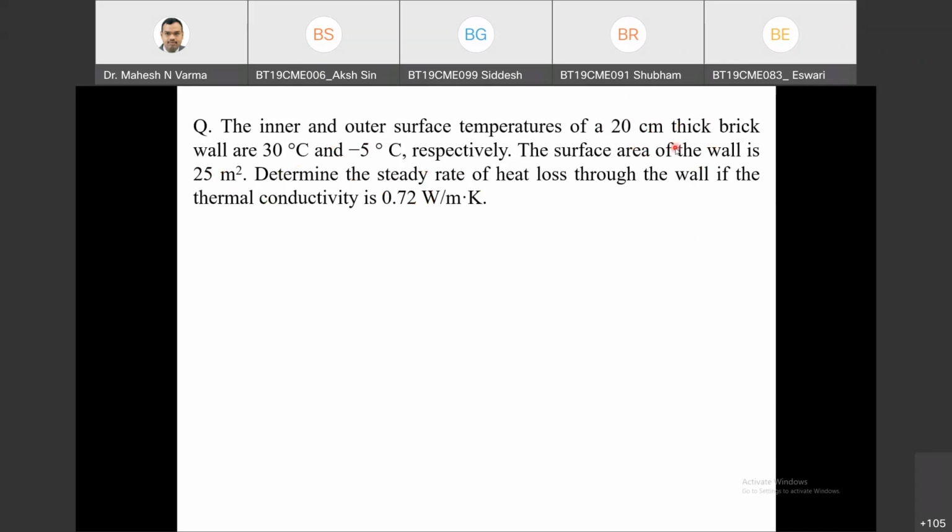So what is dT by dX here? Your roll number 68, Mitu. Yes, sir. What is dT by dX? Sir, first 30 degrees Celsius, then minus 5 degrees Celsius, then upon 20 centimeters, so we will convert it into meters. I'm asking the value.